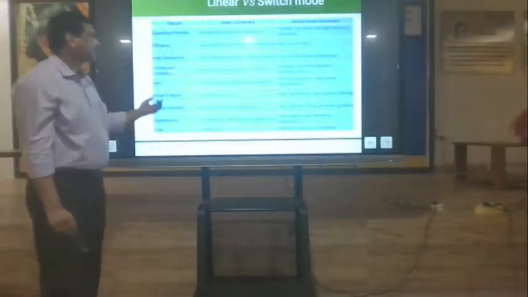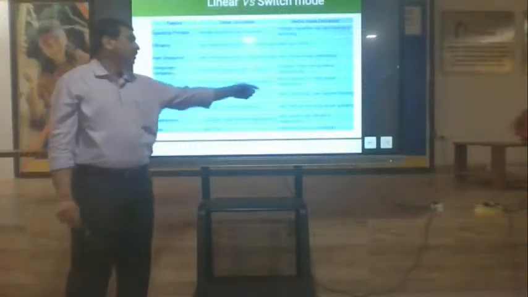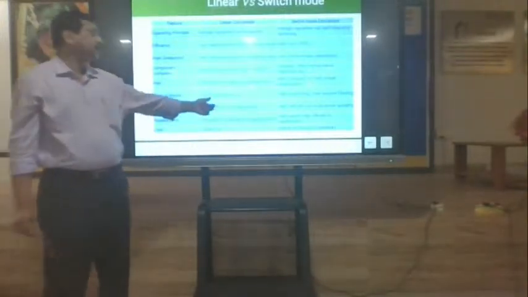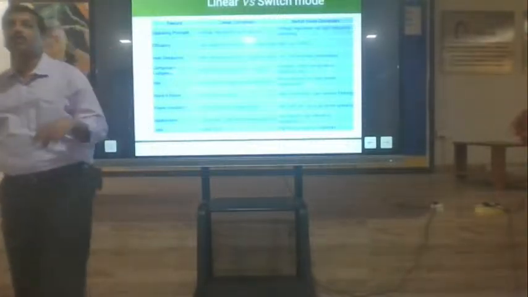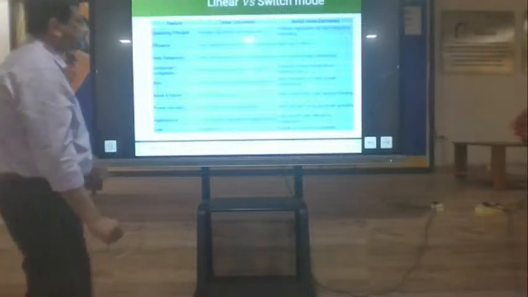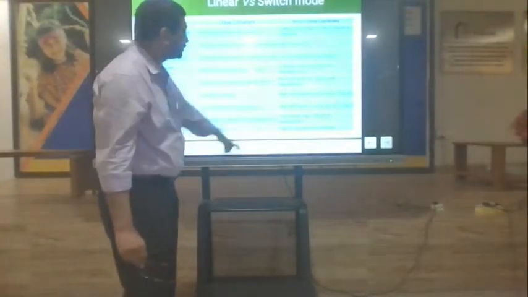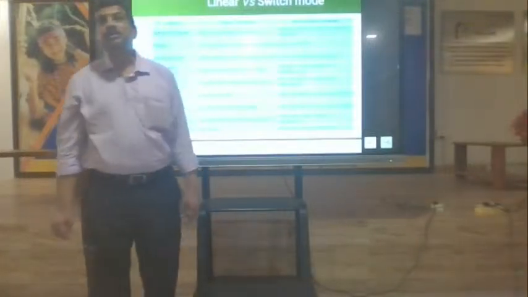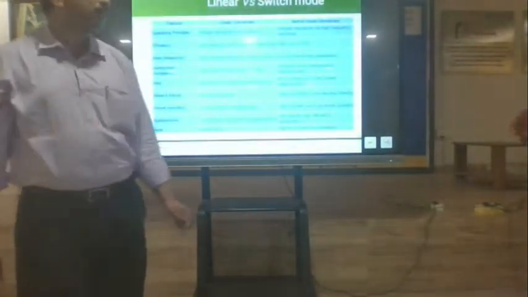In switching there will be a lot of harmonics, whereas in linear, because it's switching at a lower frequency, the amount of harmonics will be less. Cost wise, linear is lower cost and switching is higher cost, but this higher cost will be compensated by the efficiency.